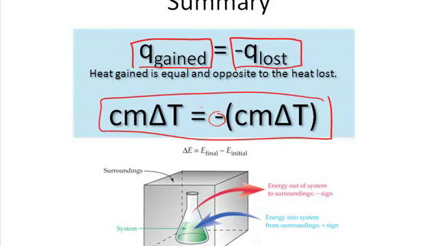So this picture is just saying, if this was a hot cup of coffee, the heat is escaping and going into the surroundings. And what's happening to the temperature of the coffee? Well, the coffee is dropping. At what point will it stop decreasing in temperature? Well, at the point of equilibrium, when the surroundings and the system are at the same temperature, that's when everything stops and everything's at equilibrium.